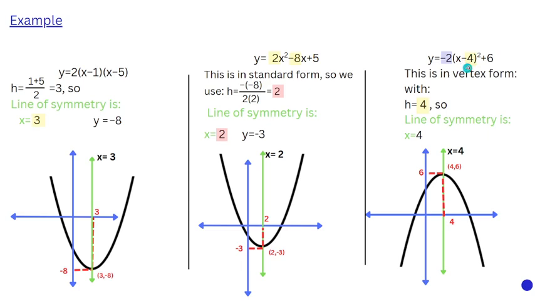Also, he didn't ask for all these things, he only asked for the line of symmetry. He didn't ask for solutions. He asked for h. What is h? This is the vertex form, so we change the sign, h equals 4. So the line of symmetry is x equals 4.